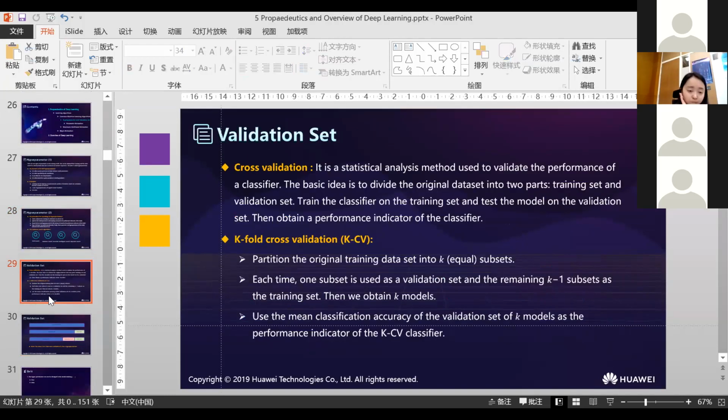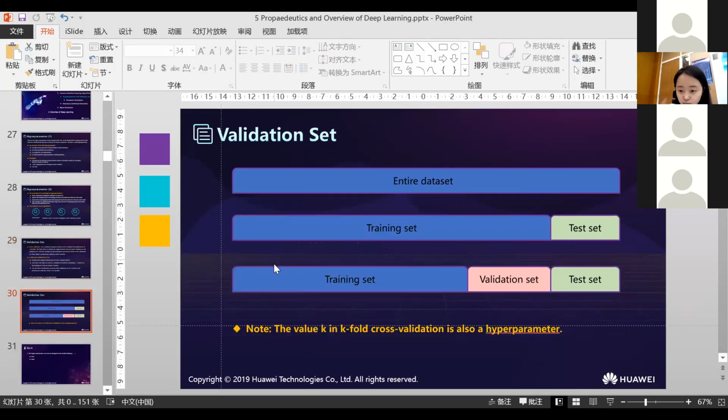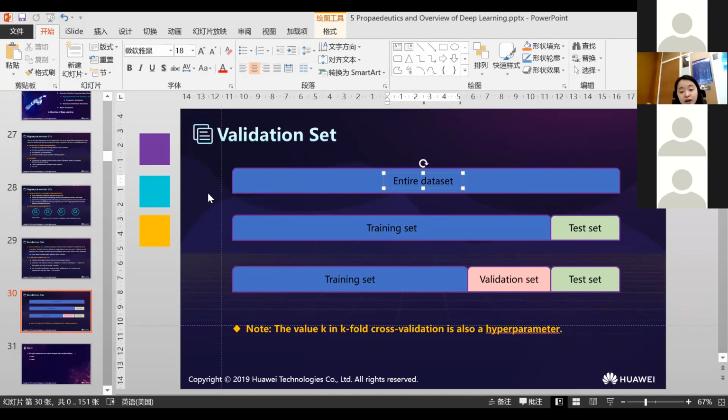And to find the proper value of hyperparameters, we always use a data set. We call it a validation set. So first, what is a validation set? Here we have the entire data set.